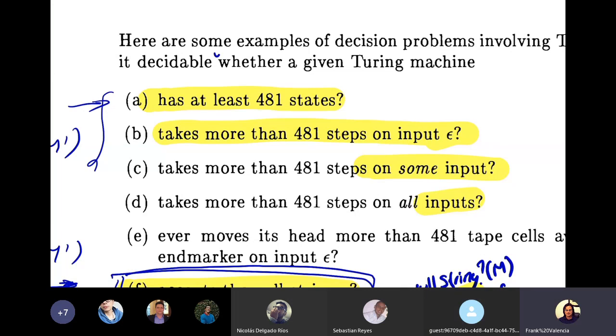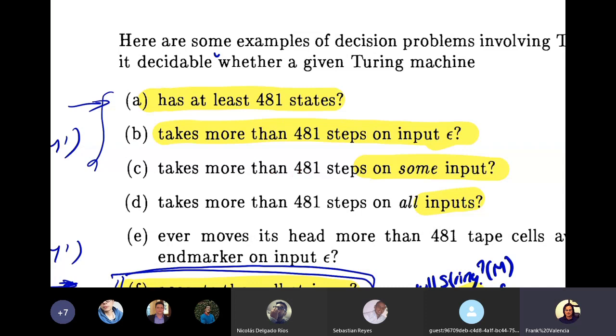So the idea is the following. What Elkin is suggesting is you simulate M on all possible inputs of length 481 or less.